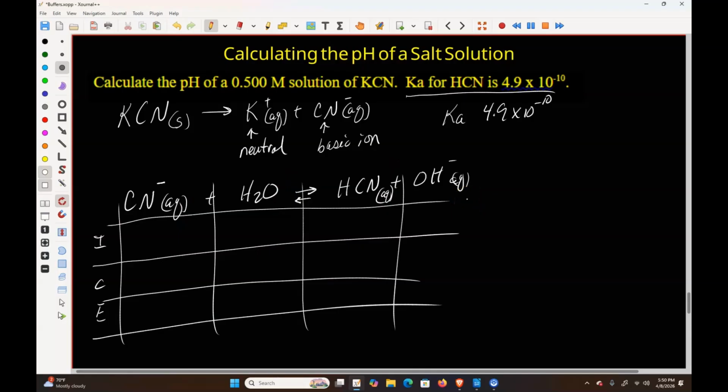My CN negative concentration will be 0.500. I don't consider water at all.